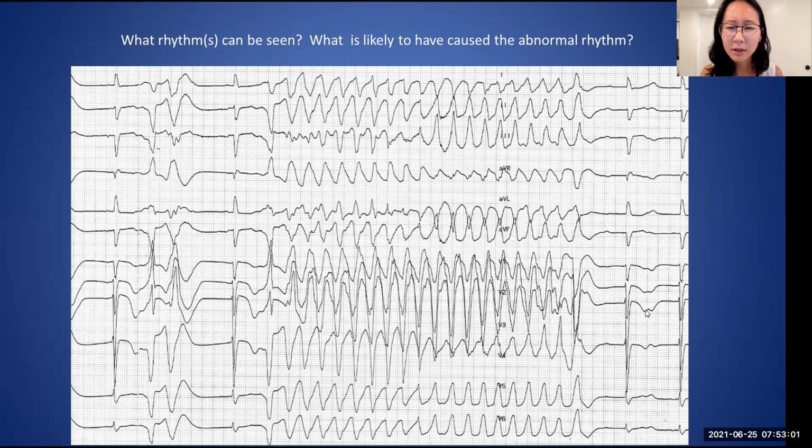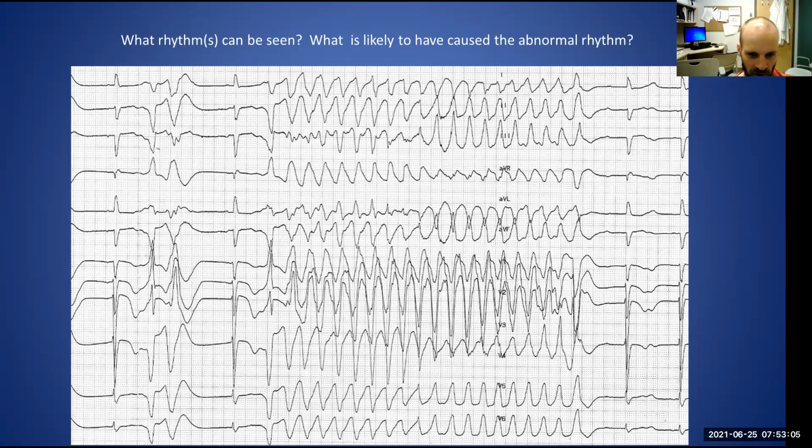But it is tricky to work out from here. This is an interesting ECG that I put in to challenge you guys a little bit. But this isn't the sort of ECG that you would be using for assessing someone's QT interval if you wanted to make exact measurements, because if you want to measure the QT interval precisely, then you want a nice stable ventricular rate so that you can appropriately adjust for it.